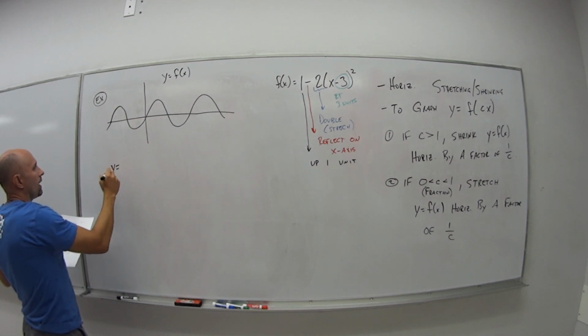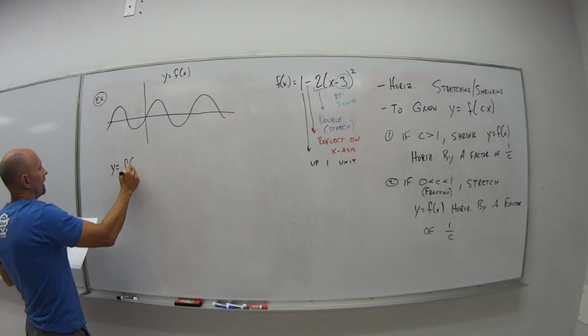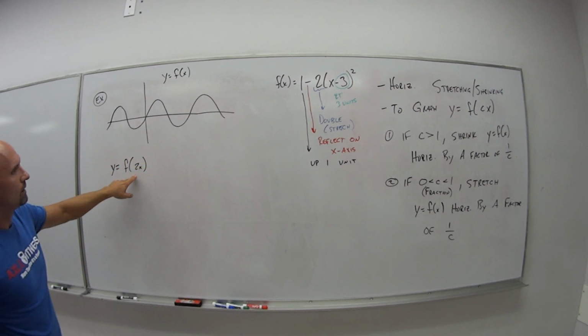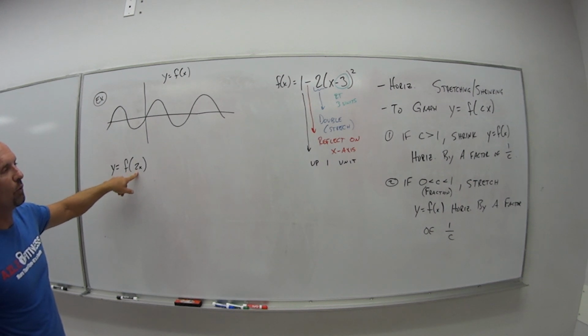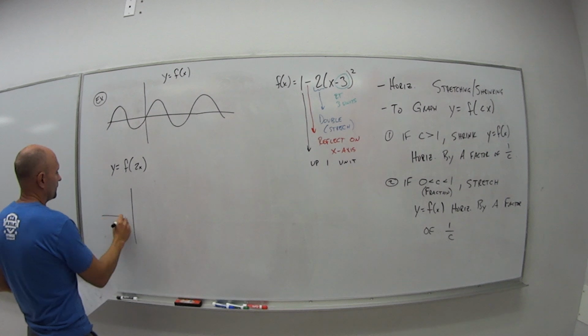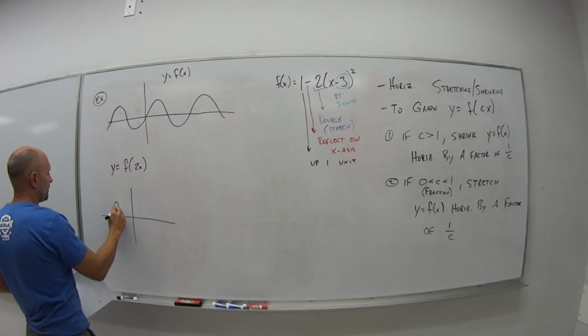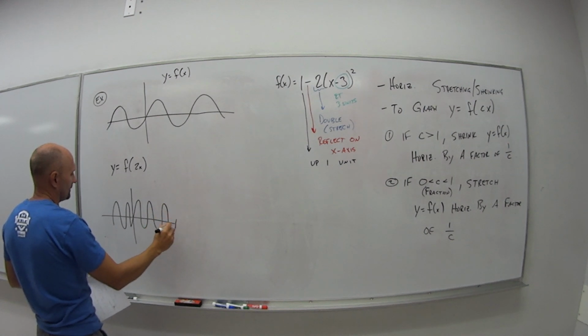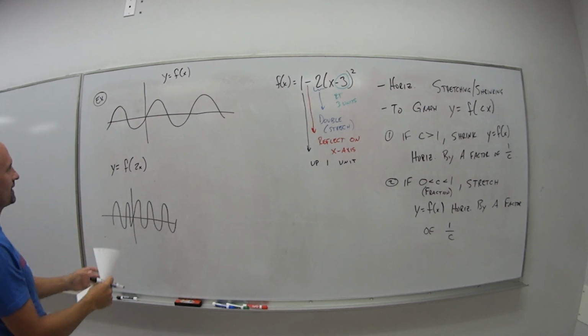If I have y is equal to f of 2x, that number's on the inside, it's a positive number, so what happens? I shrink it, I squish it. This graph will look the same, it's just that now it's going to be something like that. You can see it squishes it down.